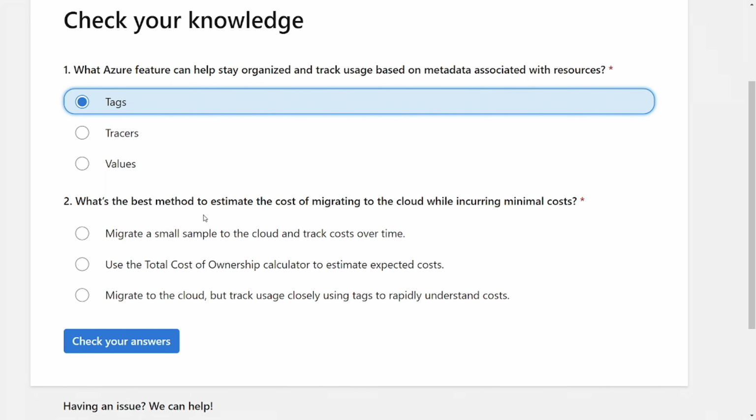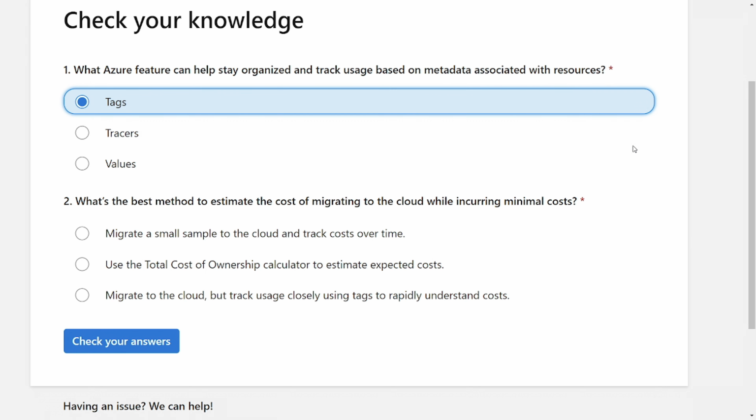And what is the best method to estimate the cost of migration to the cloud while incurring minimal cost? We have used two methods: the price calculator and the total cost of ownership calculator.